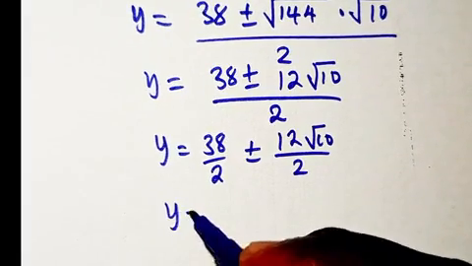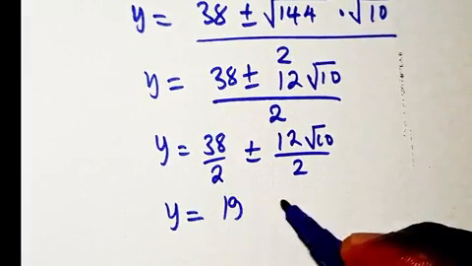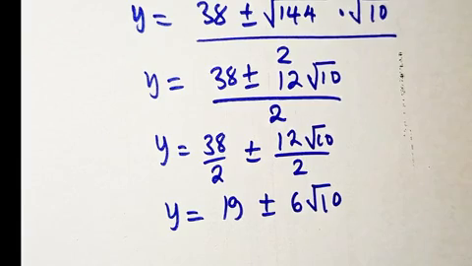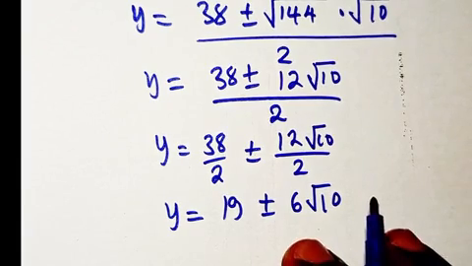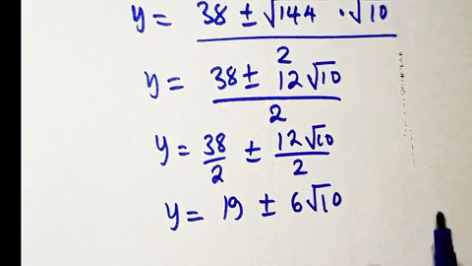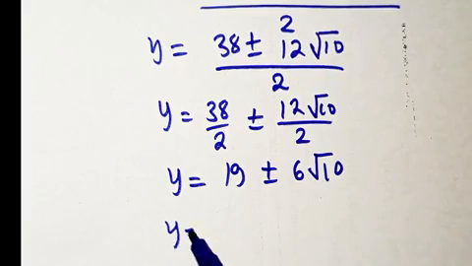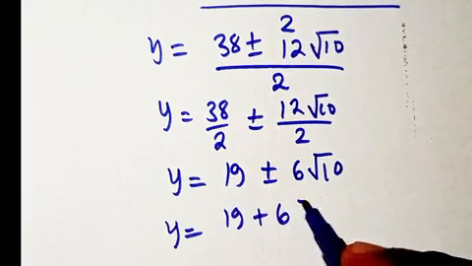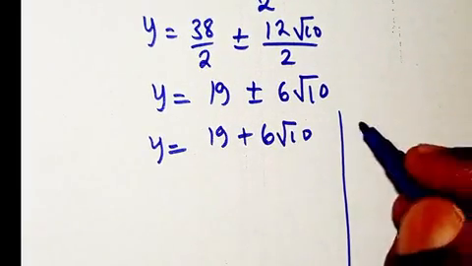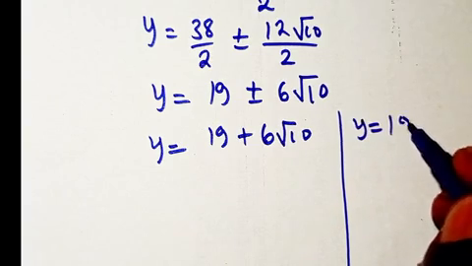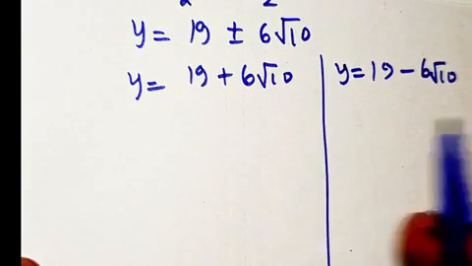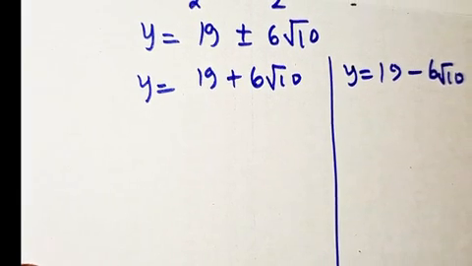So we're going to have y equals 38 divided by 2, which gives us 19, plus or minus 6 root 10. We are going to have two solutions here because of the plus and minus. So we have y equals 19 plus 6 root 10, and also y equals 19 minus 6 root 10. Let's look at these one after the other.